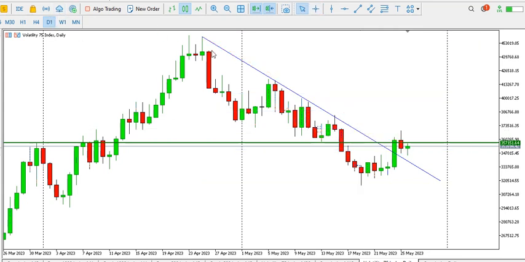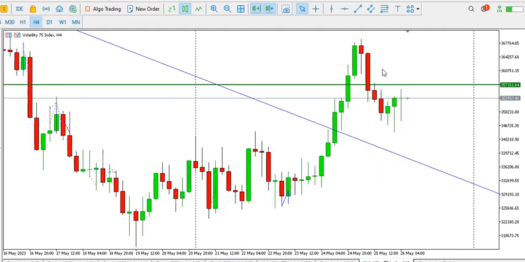Let's look at what we have on the 4-hour time frame for volatility 75 index. On the 4-hour time frame, we can see the progression where price starts to establish higher lows. This is a low, and this particular low is higher than this low.